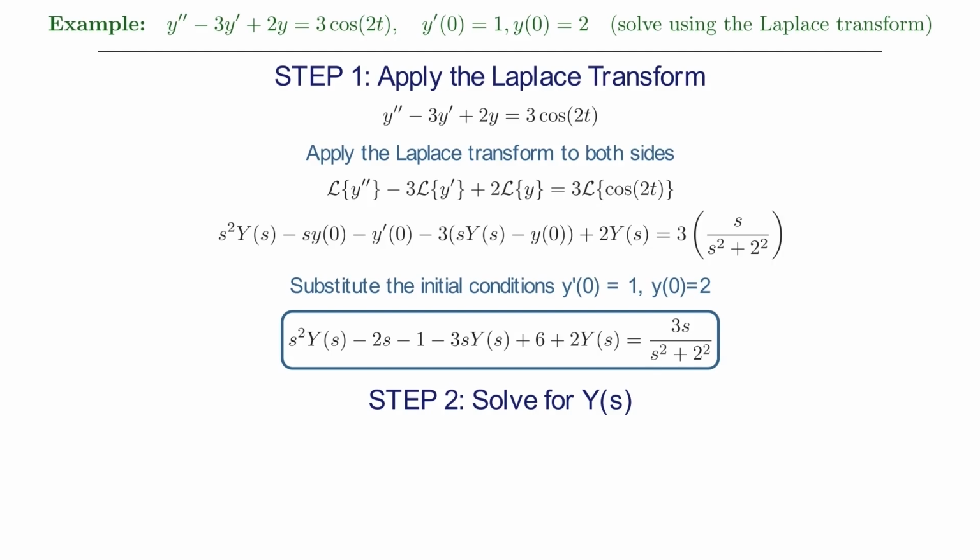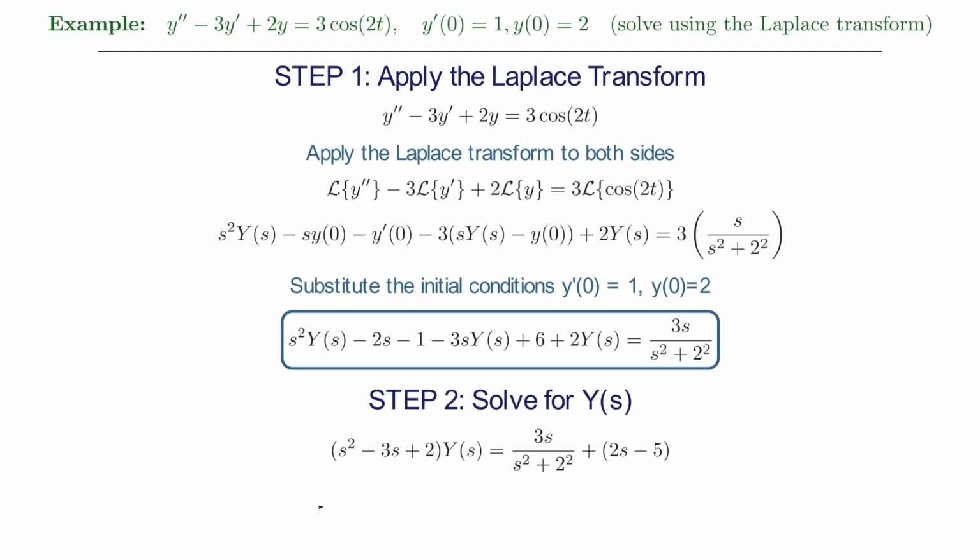From here we can take out Y(s) on the left-hand side as a common factor. This gives us (s squared minus 3s plus 2) multiplied by Y(s) equal to 3s over s squared plus 2 squared plus 2s minus 5. To get Y(s) by itself, we divide by that coefficient, s squared minus 3s plus 2.